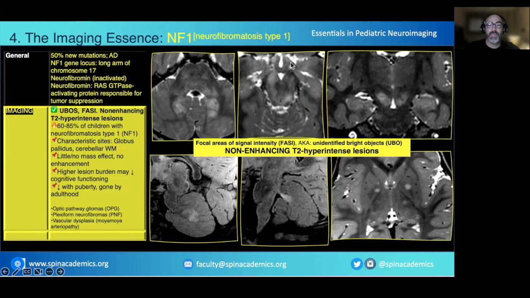The characteristic sites are globus pallidus, thalami, cerebral peduncles, cerebellar peduncles, white matter of the cerebellum, and also the midbrain. And there is another which is not as famous as the others, but it's the hippocampus. In the hippocampus there's also a T2 hyperintense signal, and that's also this type of lesion related with NF1. Usually they don't have mass effect or enhancement, and the tendency is to be gone by adulthood.